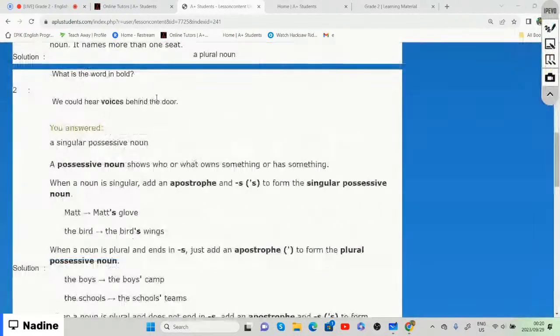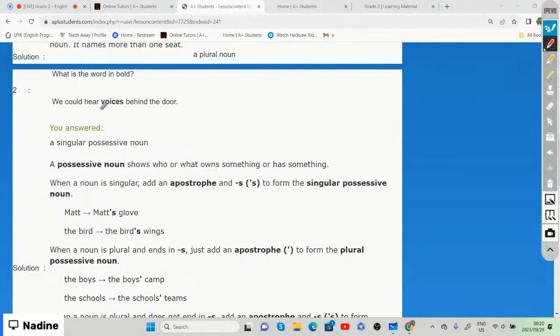We could hear voices behind the door. So the word voices, is this a plural noun? Is it a plural possessive noun or a singular possessive noun?